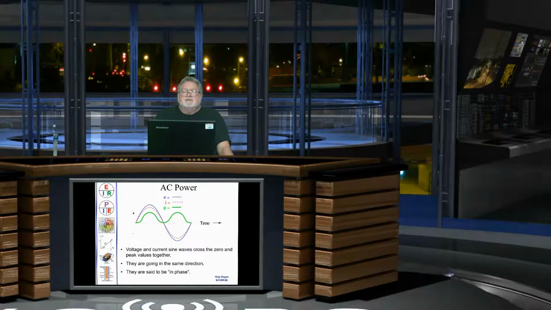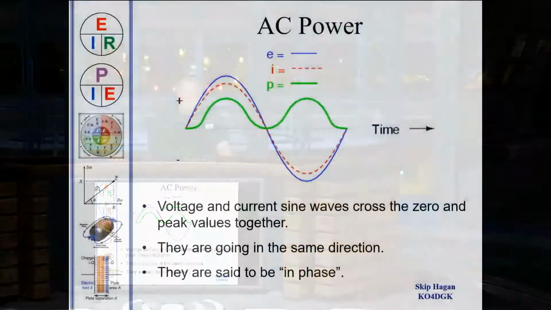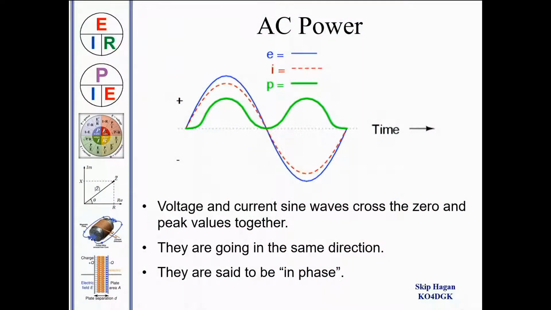So if we look at this AC sine wave, we have voltage as the blue line, the red dashed line is current, and this is our green power wave here. And notice that power is always positive because our current and voltage start from zero at the same time. They reach their peak and cross through zero again at the same time.